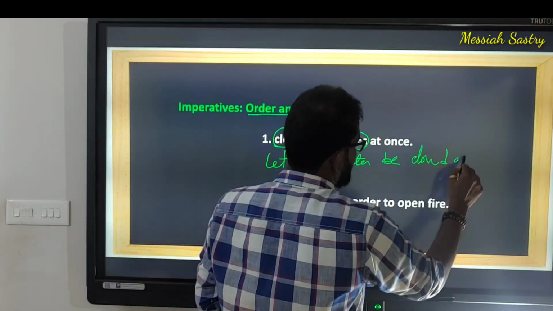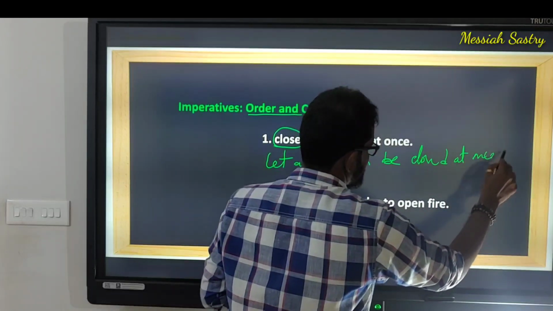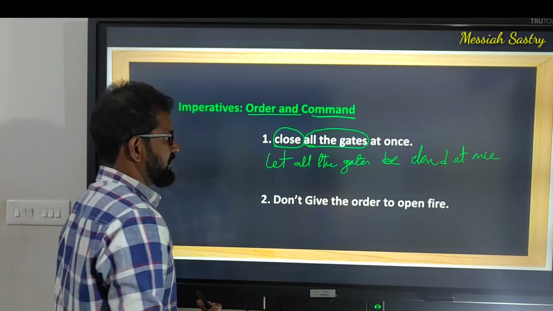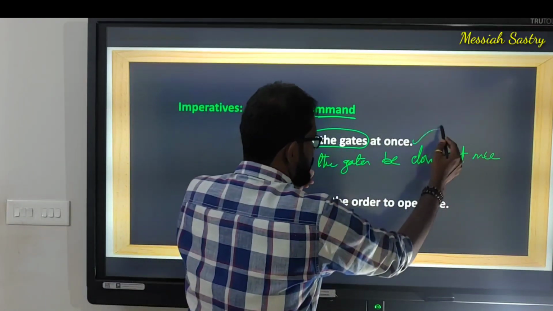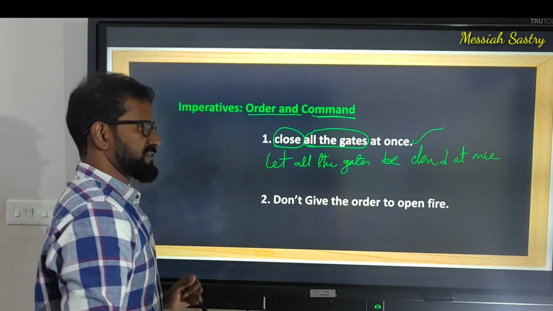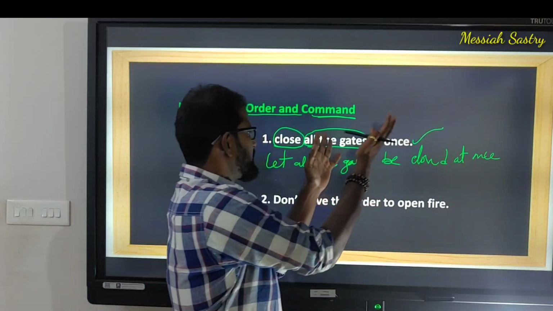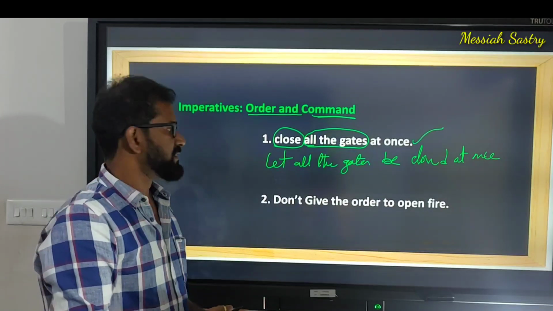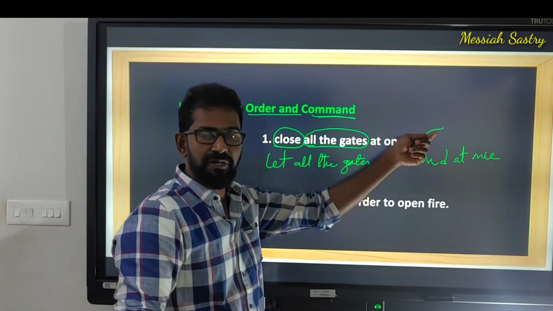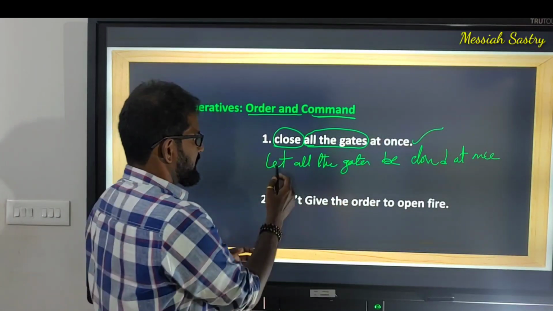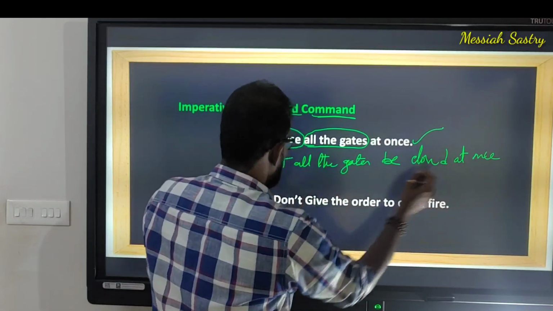See, totally we are changing the mood of the sentence. Here the given sentence is imperative mood, whereas in let all the gates be closed, the mood has changed.